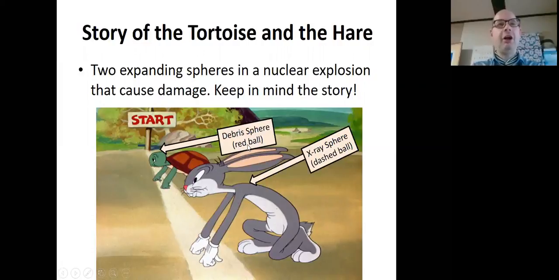This is all the bomb materials that have been produced, all the fission products and so on. Later on, I'll show that as a red ball. And then the hare is the X-ray sphere, which of course travels very fast because it's light, which is a dashed ball. But at one point, you'll see that the tortoise will overtake the hare. So keep these two things in mind.